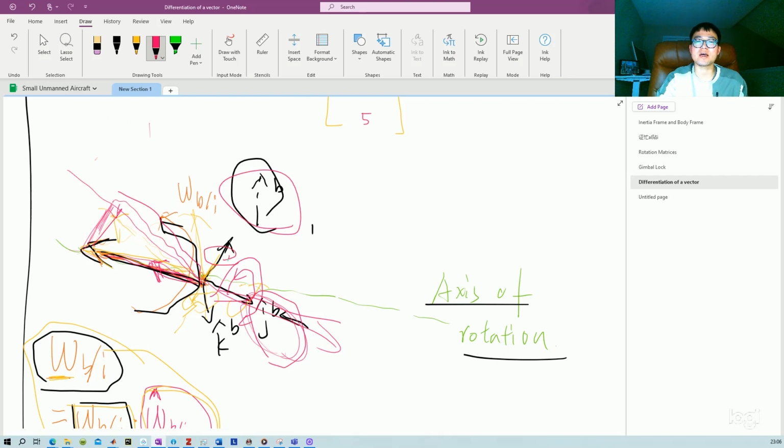This means you can actually decompose the rotation vector into 3 portions, just like what you do with the normal vector. Similarly, in the k case, you have the right-hand rule: you align your thumb with the k direction, and then you have a rotation like that.